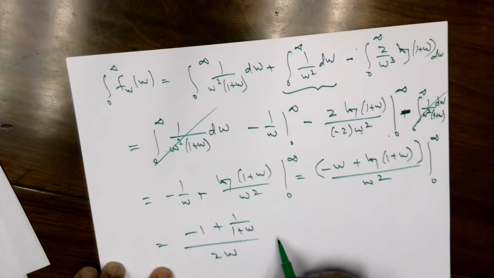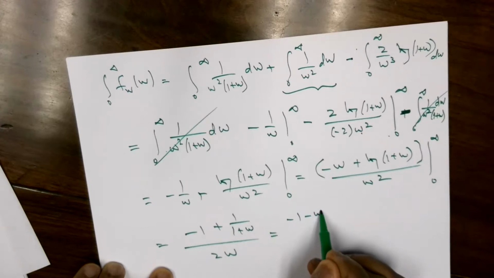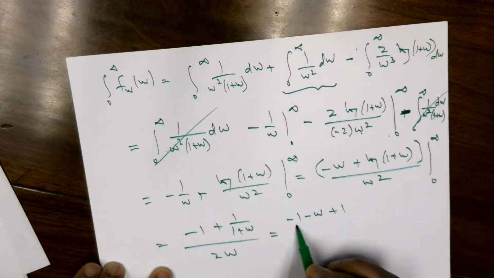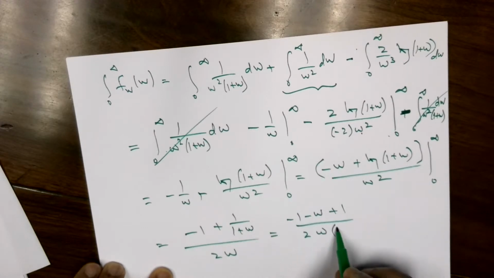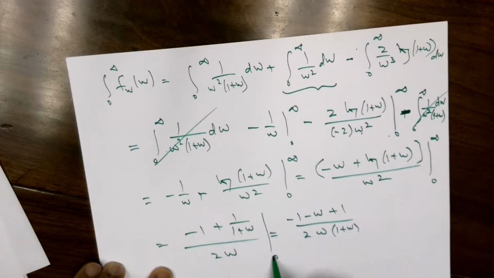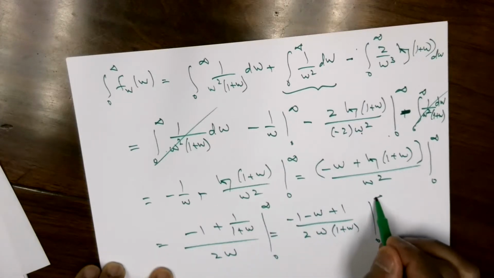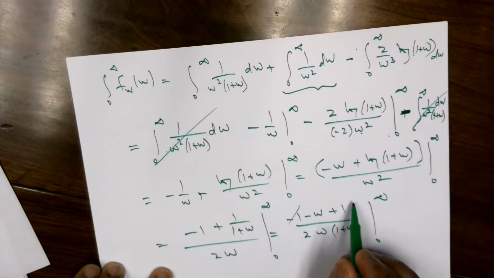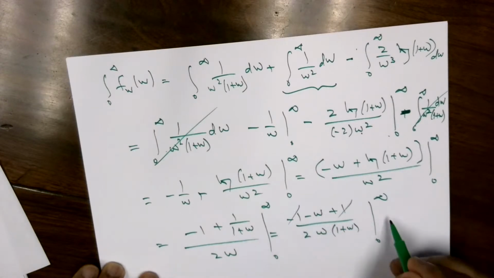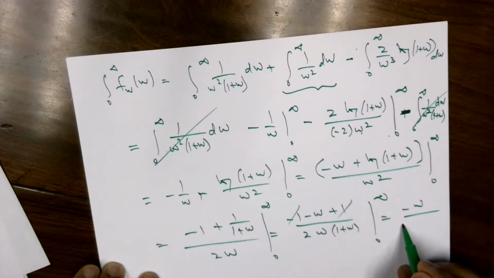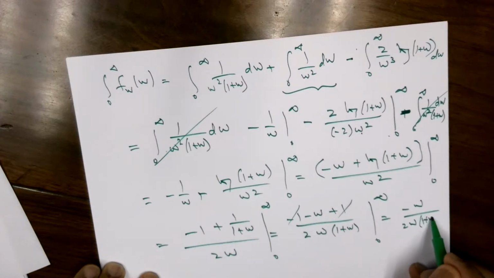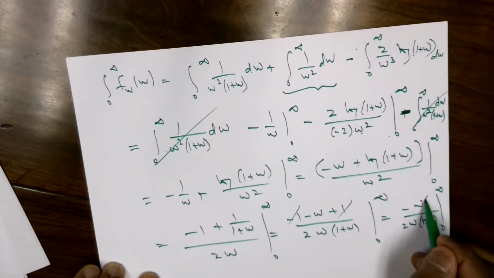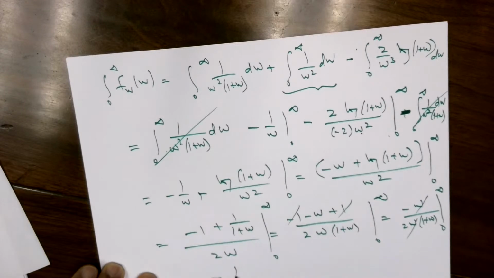If I couple this, it becomes minus 1 minus w plus 1 over 2w times 1 plus w. Remember, the limits are 0 to infinity. So 1 cancels, and you have minus w over 2w times 1 plus w, 0 to infinity. So w also cancels, and you get minus 1 over 2 times 1 plus w, 0 to infinity.